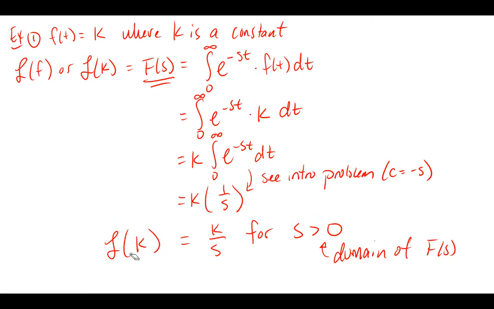And when I transformed just a regular old number, I got not a number, I got a function. I got s's. So that seems like maybe a bummer. If I'm trying to say which of these is simpler, the thing I started with or the thing I ended with, I would definitely say the thing I started with was simpler. So doing a Laplace transform on a constant seemingly makes it worse.